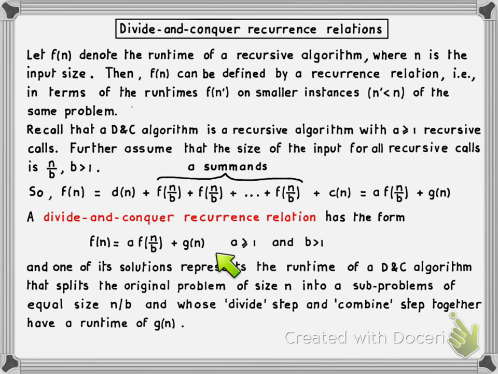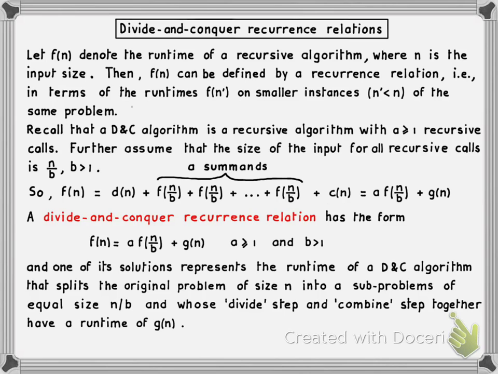Now, of course, you remember that any recurrence relation has an infinite number of solutions. So which one is the solution that we're looking for, namely the runtime of the algorithm? Well, we can't solve this recurrence relation in a unique way until we have a set of initial conditions. And what are the initial conditions here? Well, it's the value of f of n for one small value of n. Now remember, every divide and conquer algorithm must have a base case.